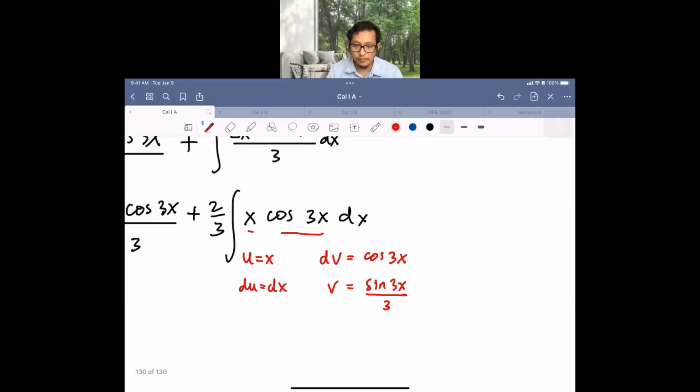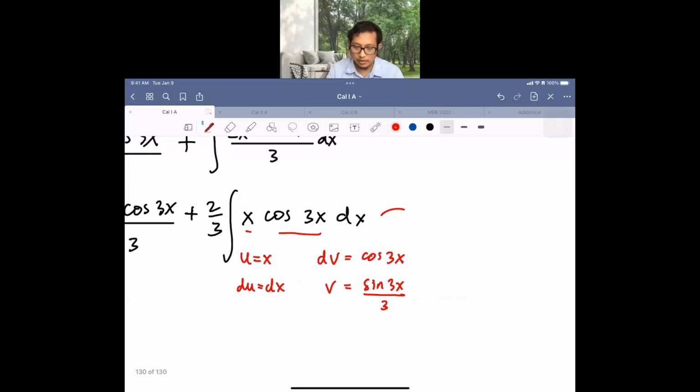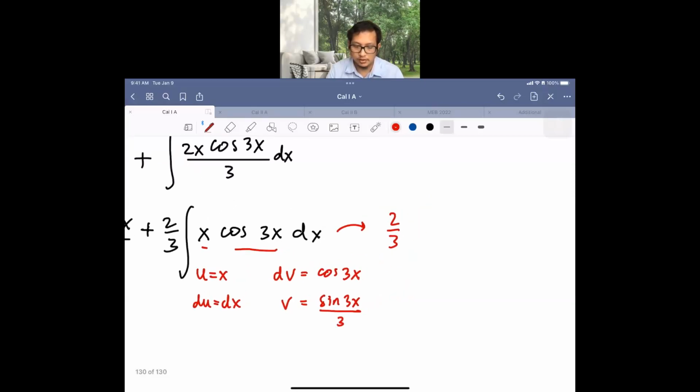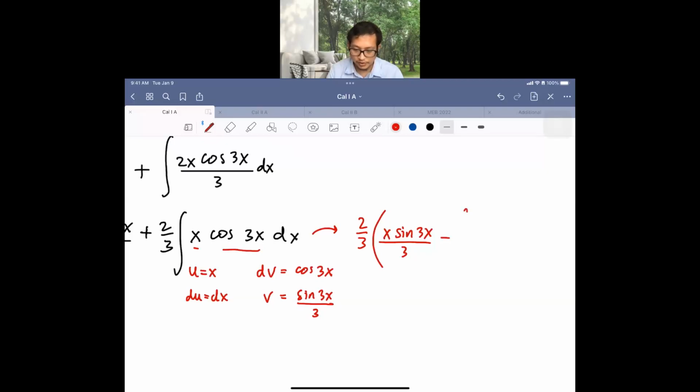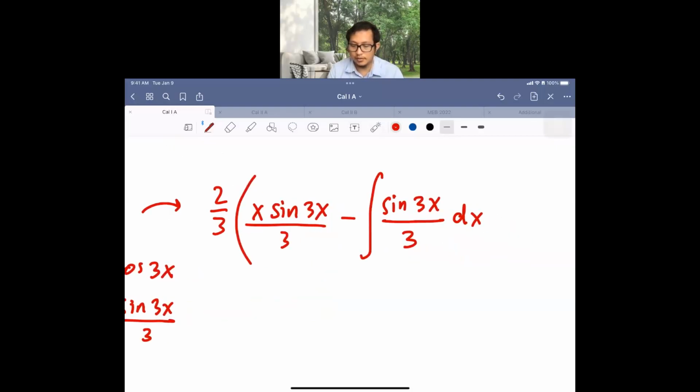So this will be equal to 2 over 3 multiplied with uv, which is x sine 3x over 3, minus the integral of sine 3x over 3 dx. I think this is already simplified, and we can directly get the answer from here, that this is equal to plus cosine 3x over 9, right?